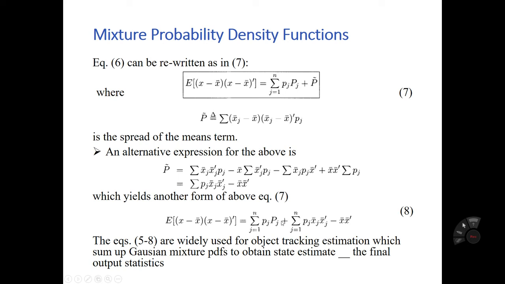So we calculate the object state based on the measurement, and the measurement can be received from the sensor. So based on the sensor measurement we calculate the mean and covariance of the event A. The event A is related to the object state, and we then use this formula to sum up the Gaussian mixture PDF to obtain the state estimate and the final output statistics.